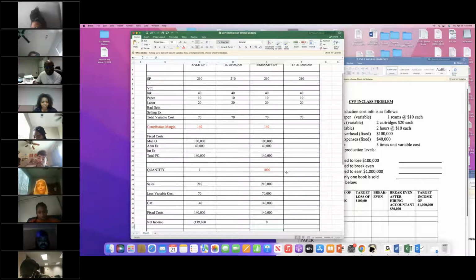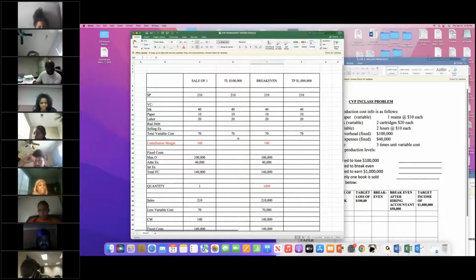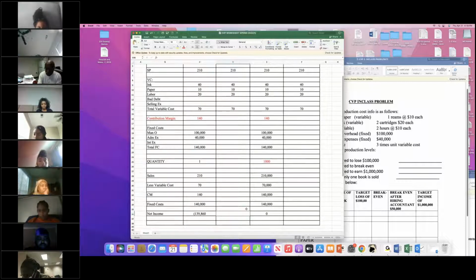Now, let's go to the situation where the target loss is 100,000. How many have to sell so that the net income is going to be a negative 100,000?